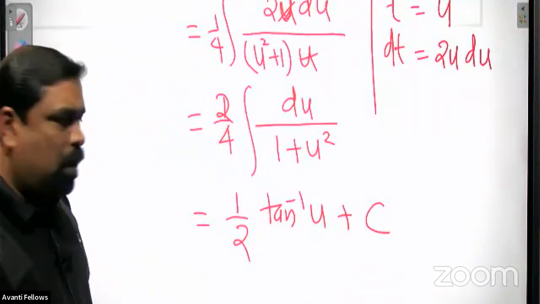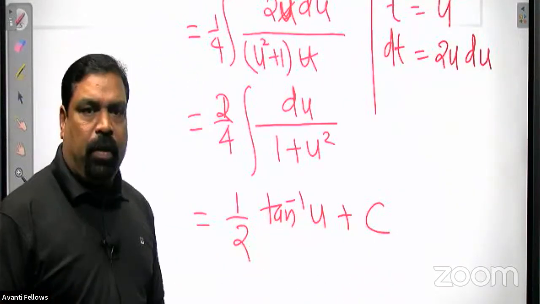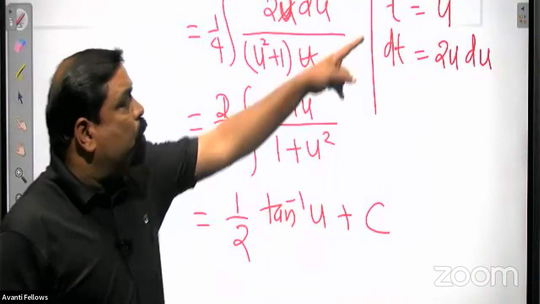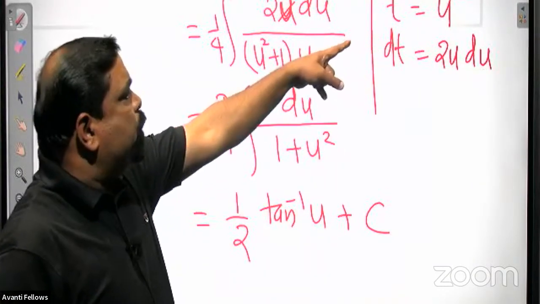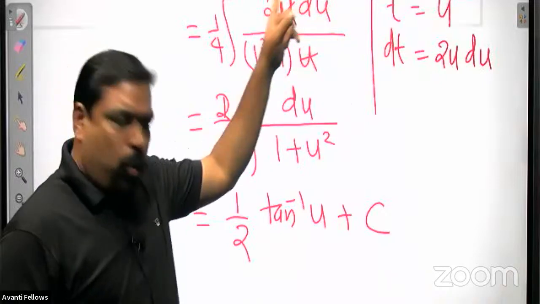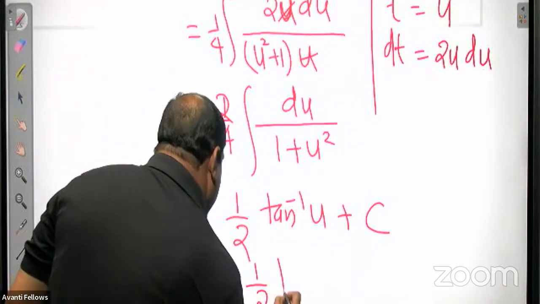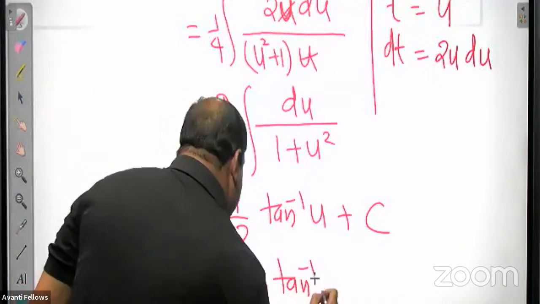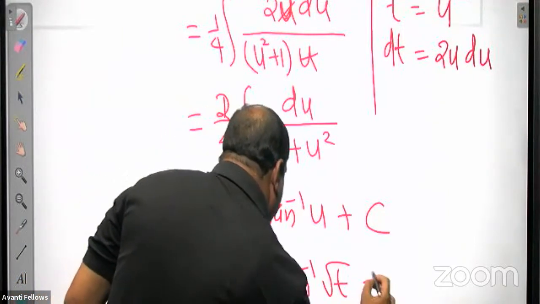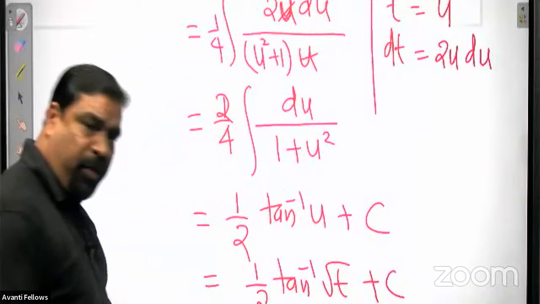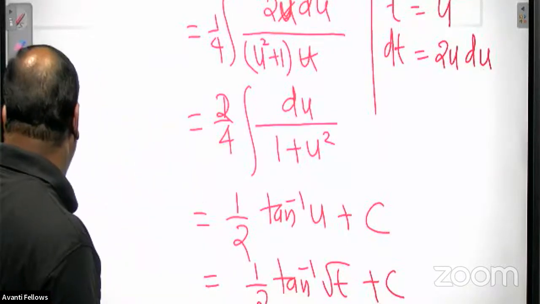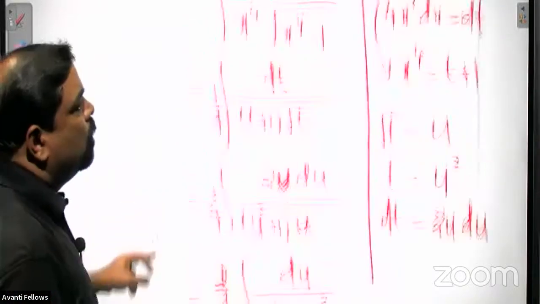Now the answer is in u. What is u? u square is t, so u is root t. So half into tan inverse root t plus c. Again, we have to go back, since we made two substitutions.